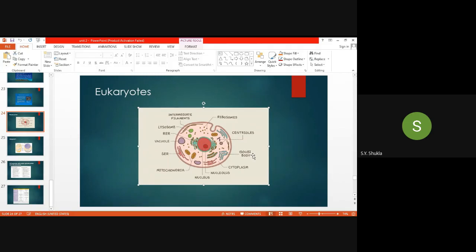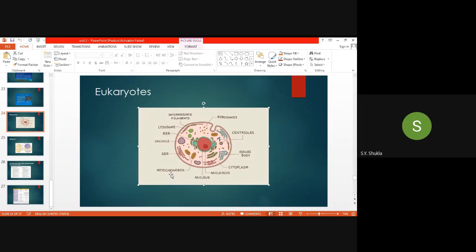Okay, this is about the Golgi apparatus, and then there is mitochondria. We will discuss this mitochondria, which is a specialized structure present in the eukaryote. Very important function is there. What does mitochondria do? They synthesize ATP by the process of the electron transport chain and the Krebs cycle. By this way, the mitochondria can produce the energy in the form of ATP, adenosine triphosphate.